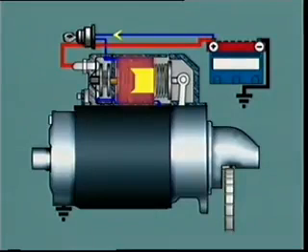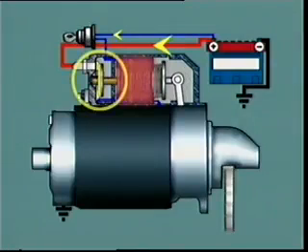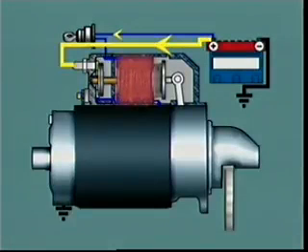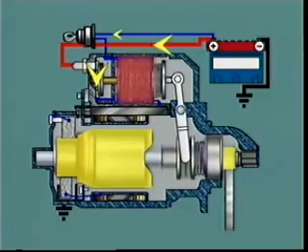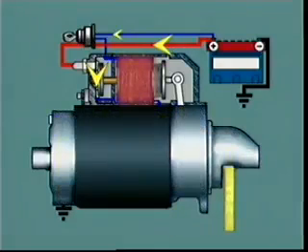The plunger contacts a switching pin, which transfers the motion through a contact spring to a moving contact, which then bridges the main terminals. This allows a large current to flow from the battery through the starter motor windings, causing armature and pinion rotation and rotation of the engine crankshaft.